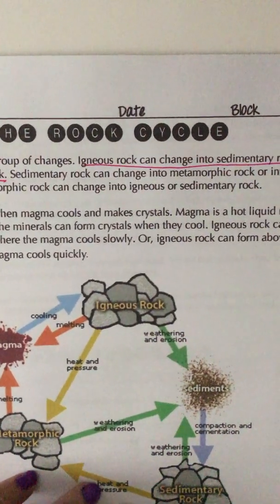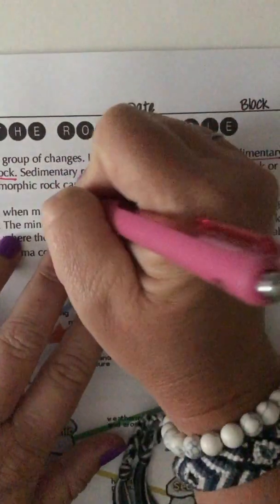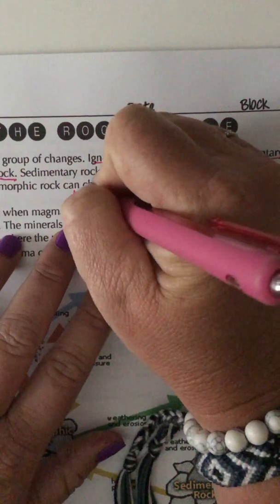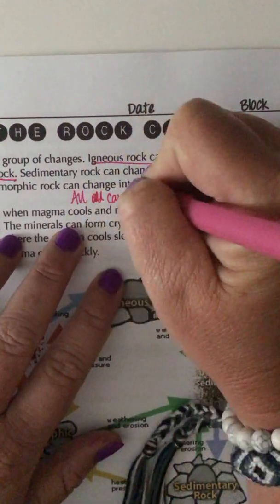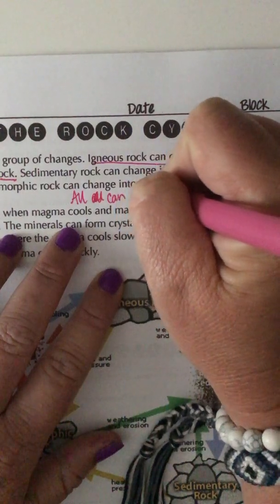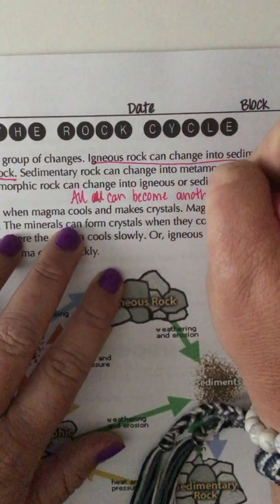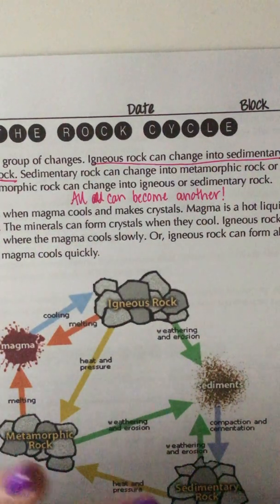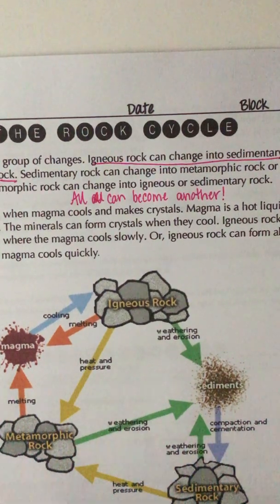Metamorphic rock can change into igneous or sedimentary. So something to remember is all can become another. It's not set in stone; it can always be changing into sedimentary or metamorphic or igneous.